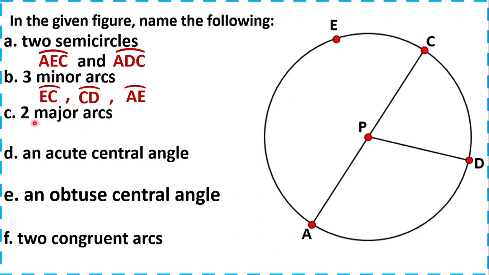Next, the two major arcs. When naming major arcs, we use 3 letters on a circle. Remember, a major arc is greater than 180 degrees.